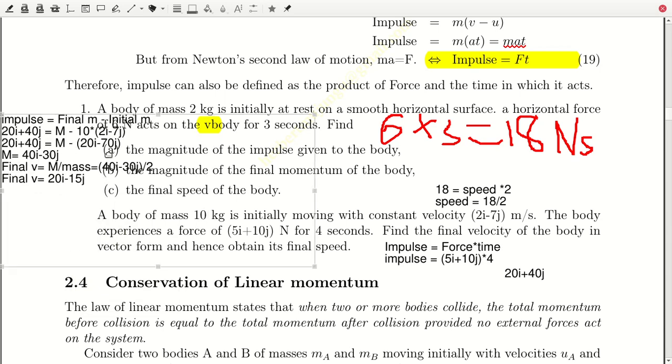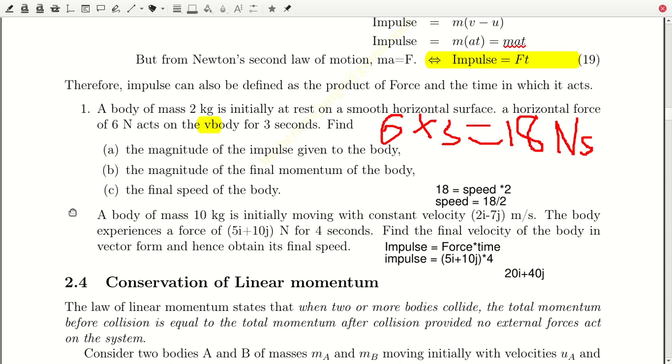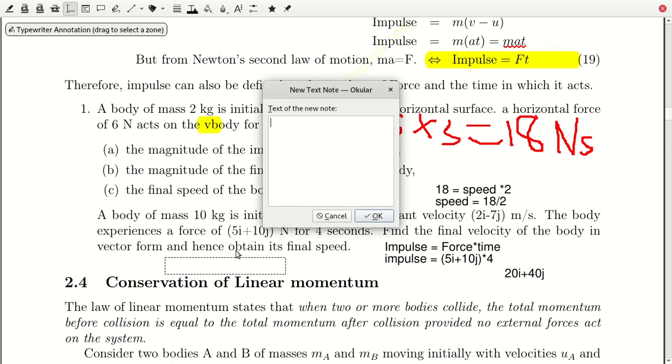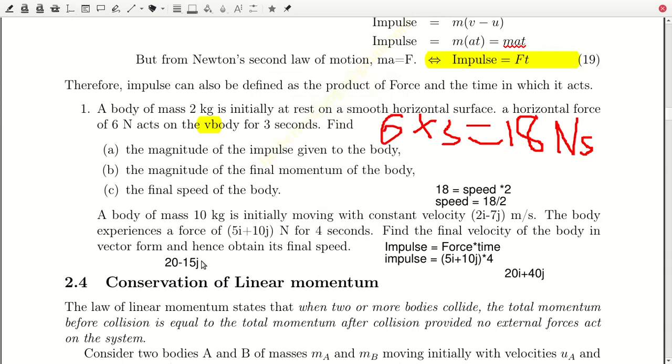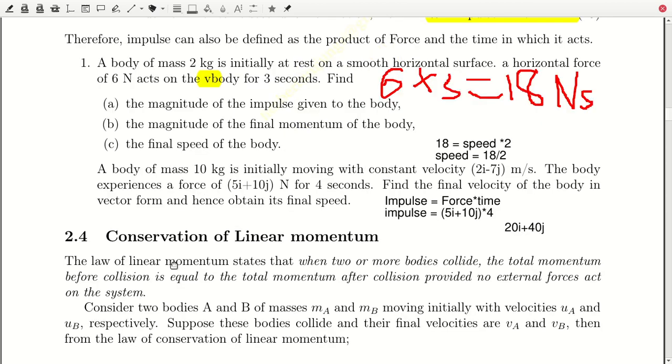Okay, this was the solution. Allow me to delete it because we lack space. But we have got the final velocity as 20I minus 15J as the velocity. The speed will be the magnitude of that one, that expression.